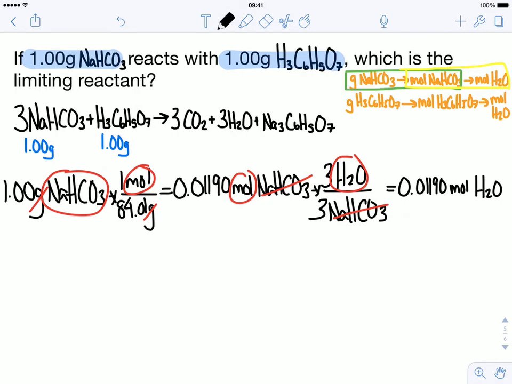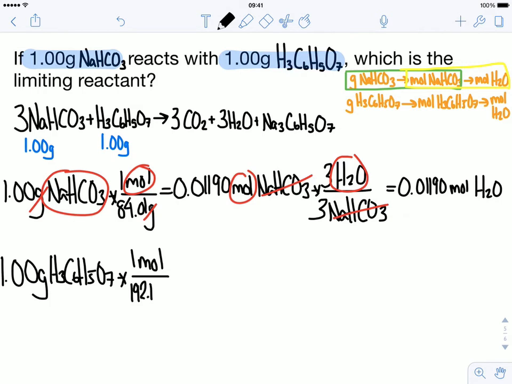Now we're going to do the exact same thing with citric acid. So the question says there is 1 gram of H3C6H5O7, and we need to convert that to moles by using the molar mass. So in 1 mole of citric acid, there are 192.14 grams.